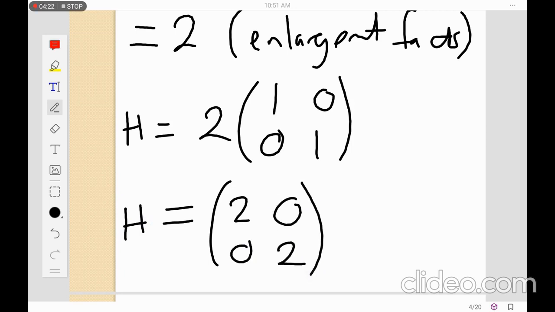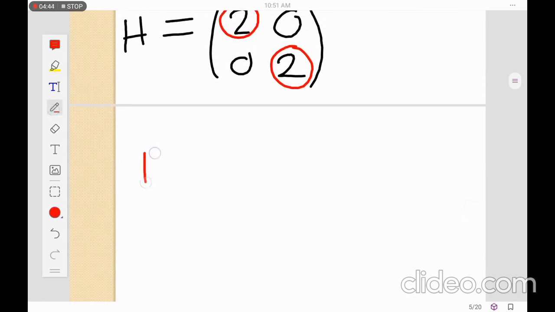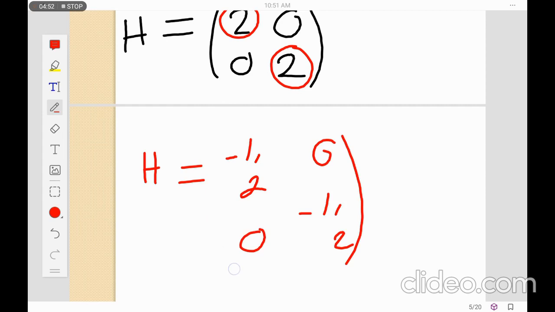Whenever you find a matrix that has these same numbers on the diagonal, it means it's an enlargement. When it's positive like this 2, the image is going to be bigger. Then we can even have smaller, for example H being equal to minus half, 0, 0, minus half. It means the image will be halved.